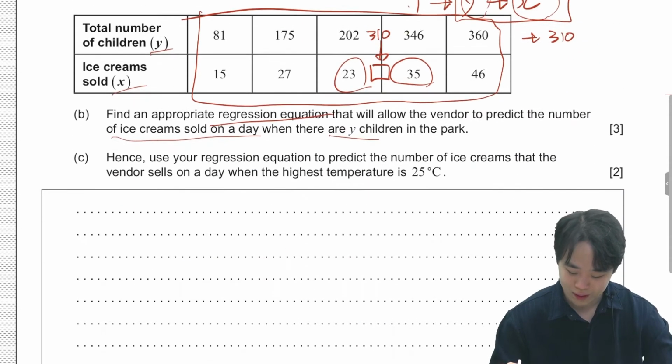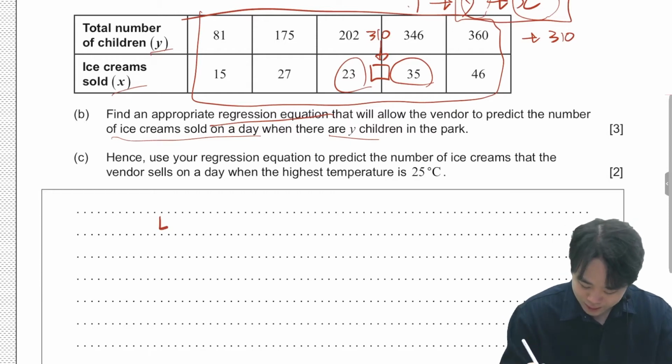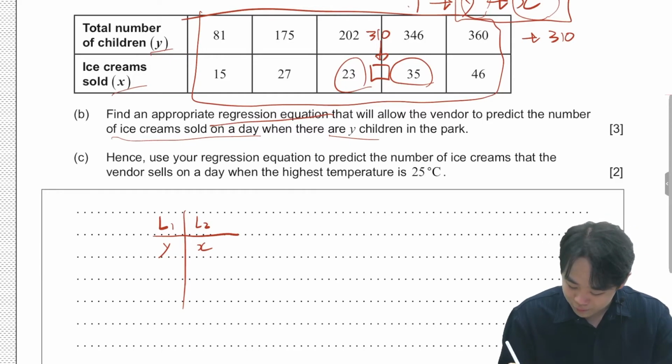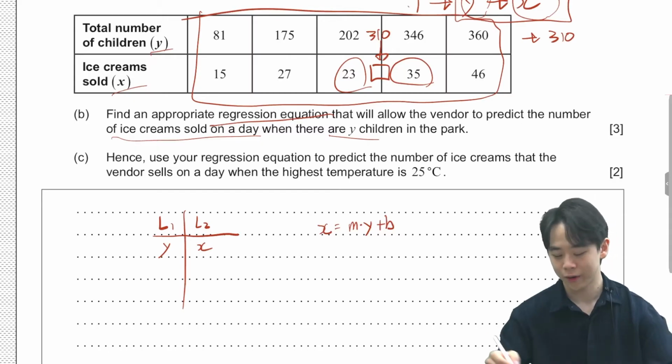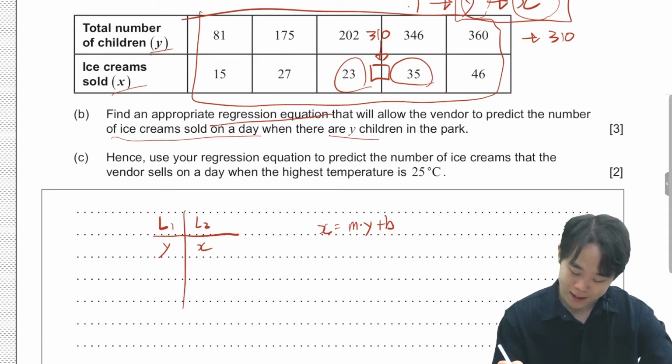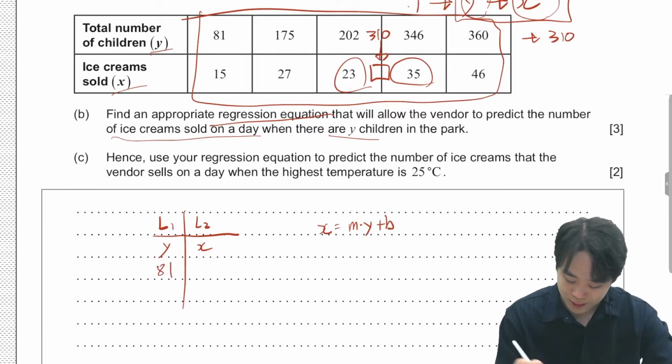If we have our L1 as y, the number of children, and our L2 as x, the ice cream sold, we want to find x equals m times y plus b. Using our calculator for linear regression, that's going to give us m and b. And for any input value of y, we're going to get x.